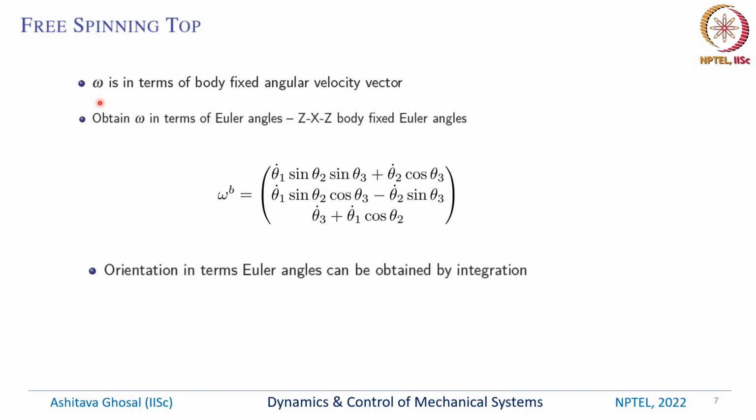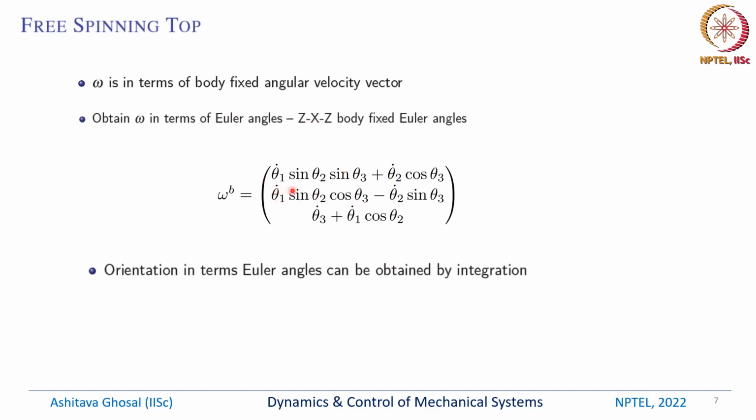So omega is the body fixed angular velocity vector. We can obtain omega using z, x, z Euler angles. Remember, z was first precession, then tilt, and then spin for this top. So the angular velocity vector in terms of theta 1, theta 2 and theta 3 and their derivatives can be obtained in this form. This is the standard z, x, z body fixed Euler angles.